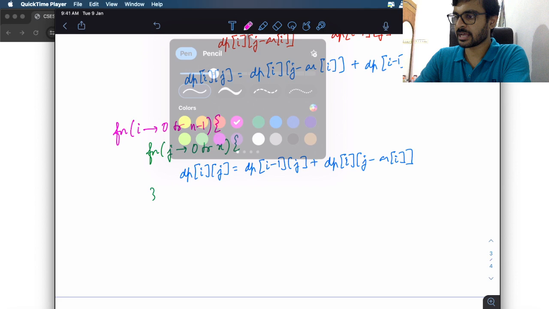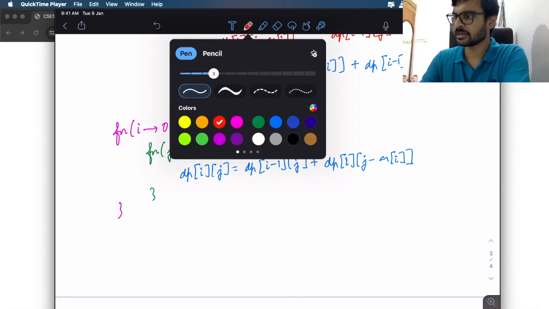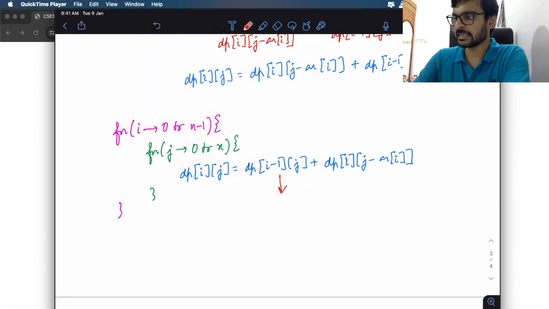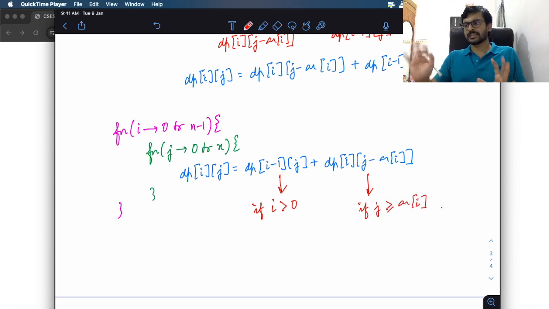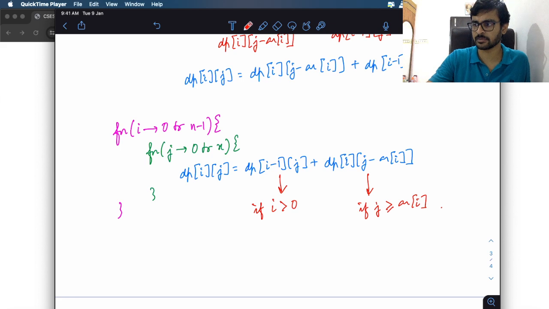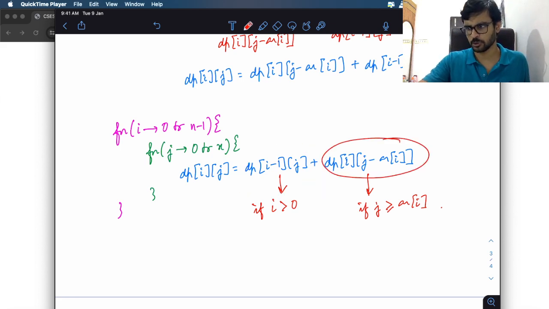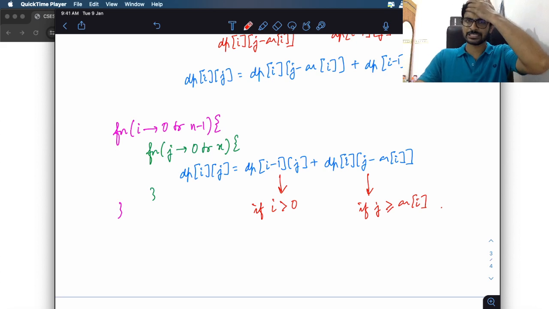So in this way we'll get the answer, but you need to do some validation check. Validate that i is greater than or equal to 0 for the first term, and here also you should validate that j is greater than or equal to arr[i]. If i is not greater than 0, then don't take anything over there. Take this term as 0. Nothing comes from the top. Similarly, if j is lesser, then take this term as 0. In this way, in 2-3 lines, this problem can be done.